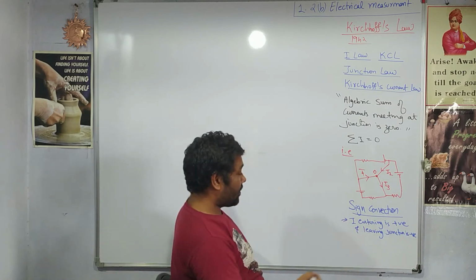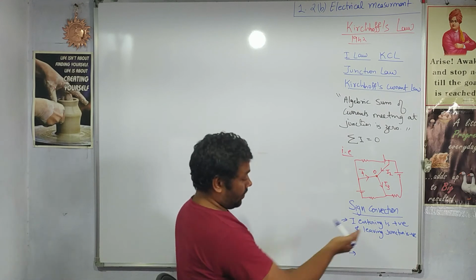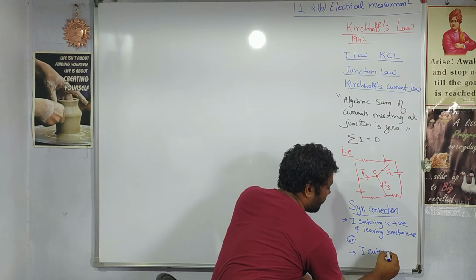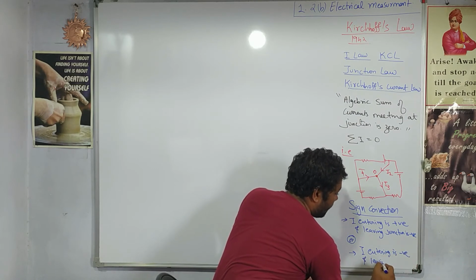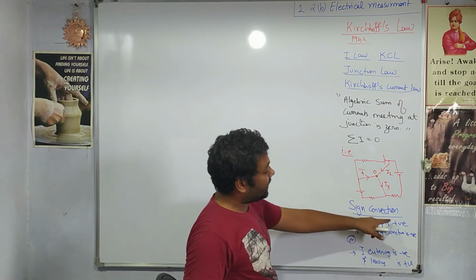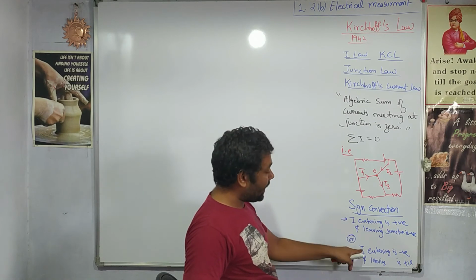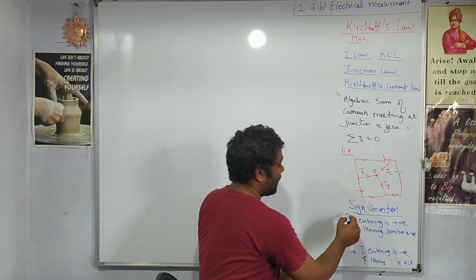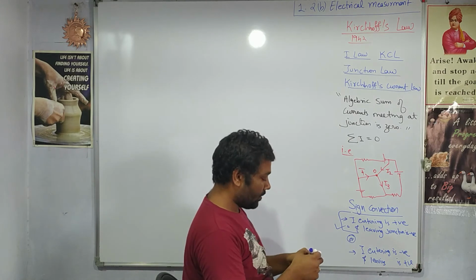Or just its converse, that is, current entering is negative and leaving is positive. So either you can take entering positive, then the other one will automatically become negative, or you can take current entering as negative and automatically the other will become positive. I prefer this one. Throughout our studies we'll use this one. This is most commonly used.